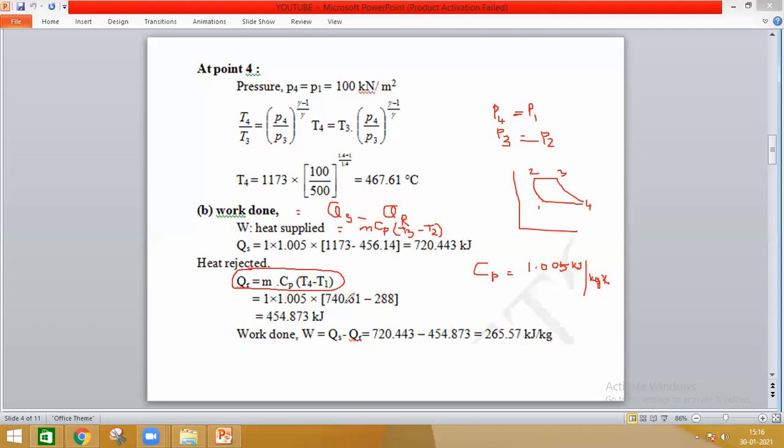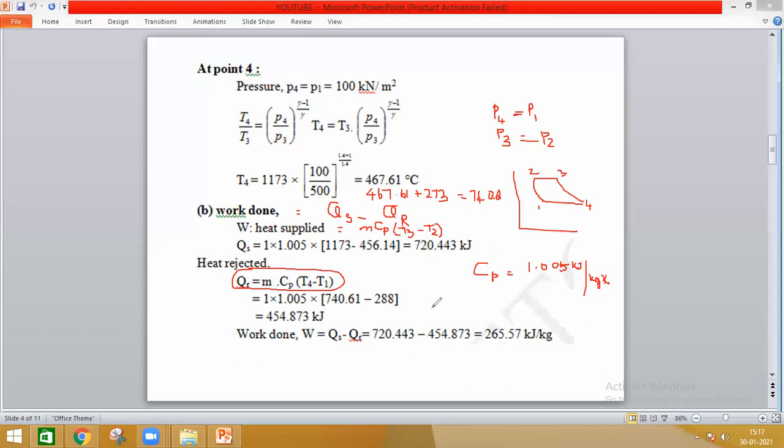By substituting the value, we know that T4 is 467.61 plus 273, which is equal to 740.61.